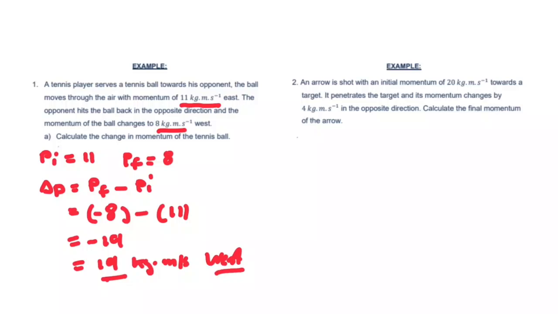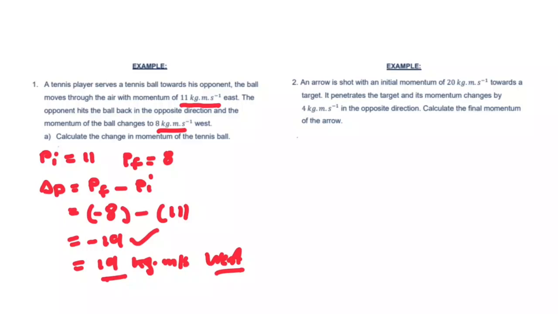So here we had a negative answer, but we know that the negative is just an indication of the direction. So we need to quote it again without a negative sign and then give the direction, just like I'm doing right here. So it is 19 kg meters per second to the west. So there we go. That is how we can solve a problem like that.